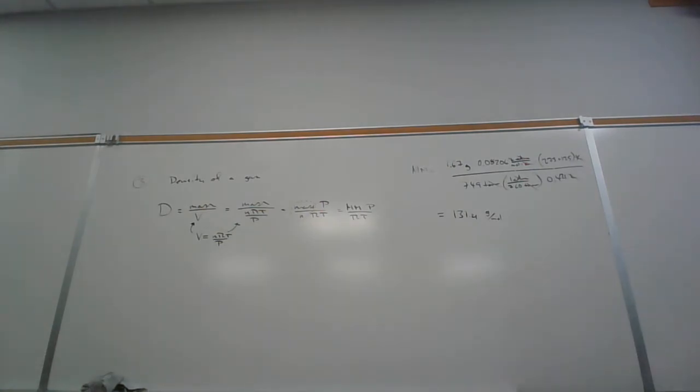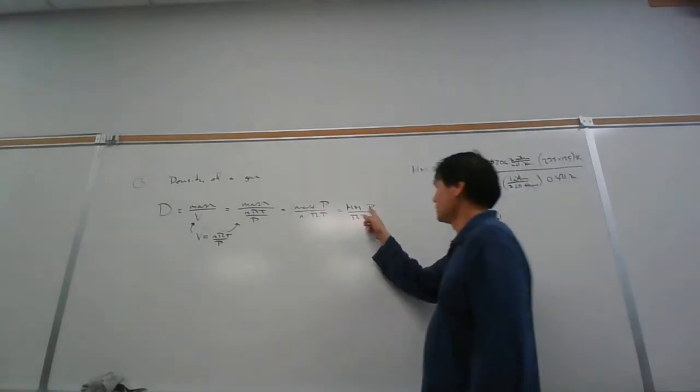So this is the density equation here. The density, which is equal to the mass over volume, is equal to the molar mass times P over RT. So that's what we have here. Molar mass times P over RT.